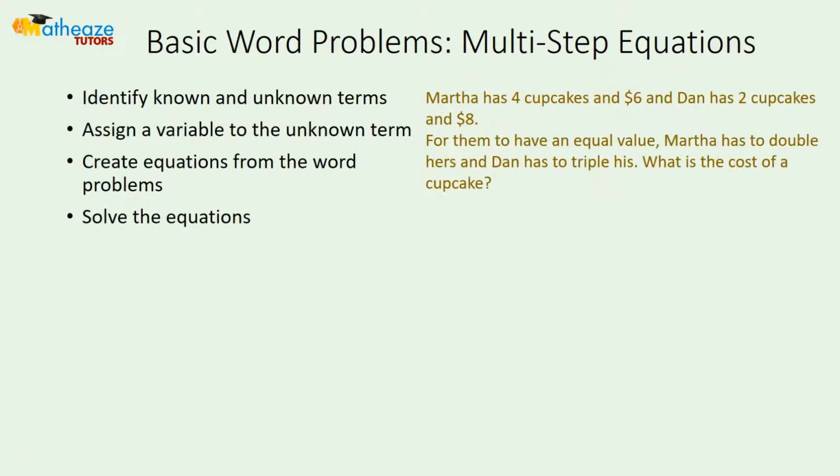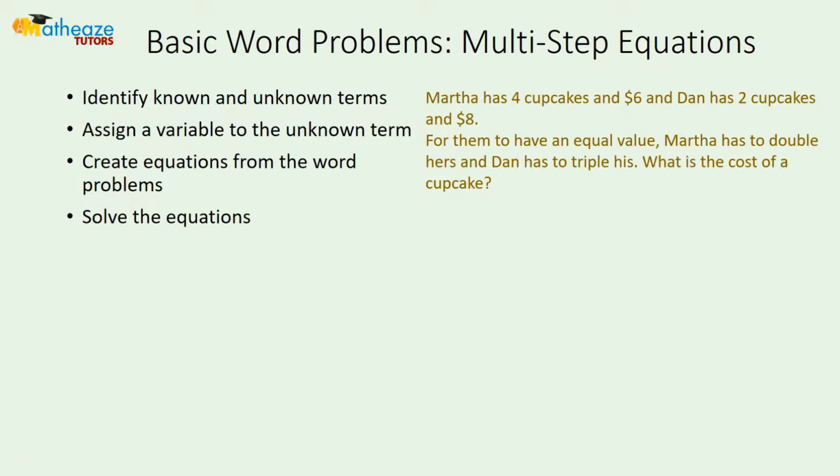Okay, final example. Martha has 4 cupcakes and $6, and Dan has 2 cupcakes and $8. For them to have an equal value, Martha has to double hers and Dan has to triple his.